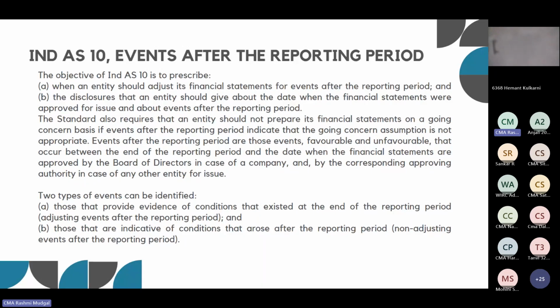Okay, so what we do with that: the disclosures that an entity should give about the date when the financial statements were approved for issue and about events after the reporting period. The standard also requires that an entity should not prepare its financial statements on a going concern basis if events after the reporting period indicate that the going concern assumption is not appropriate.